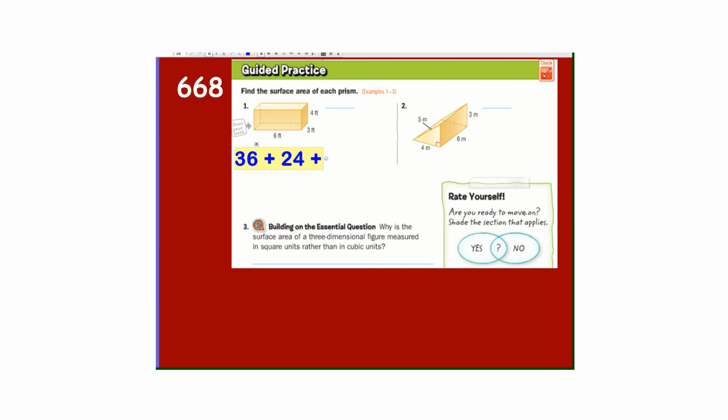Then I have 2 that are 6 by 4. So I have 2 24s. So I have 48. So adding them together, go ahead and add yours, 108 square feet. Okay, you go ahead and pause and do number 2.